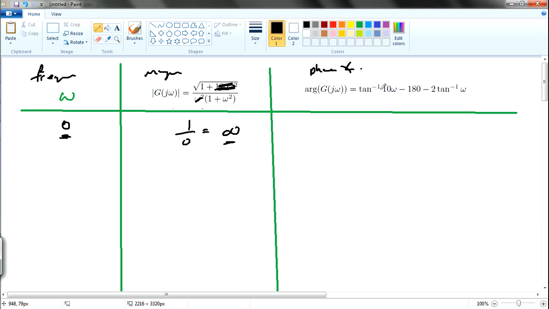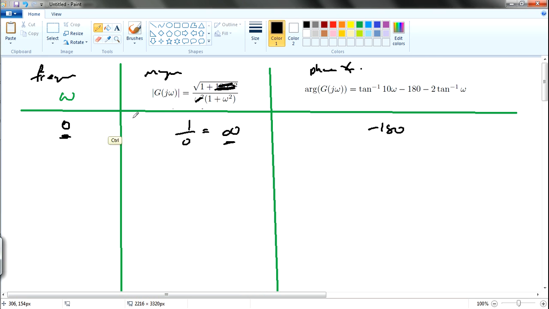For the phase angle, 10 times 0 is 0, so inverse tangent of 0 is 0, and then minus 180 degrees minus 2 times inverse tangent, which is 0 also. So this whole thing becomes 0, and you have negative 180 degrees.